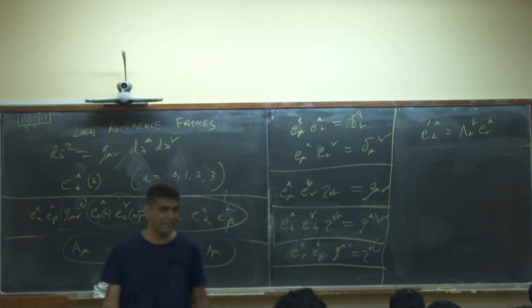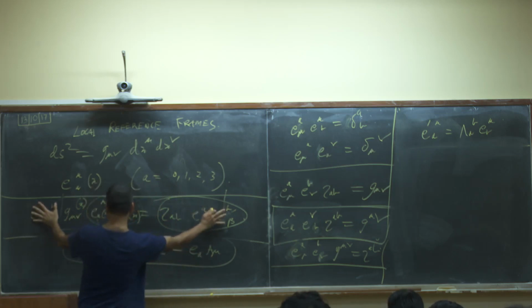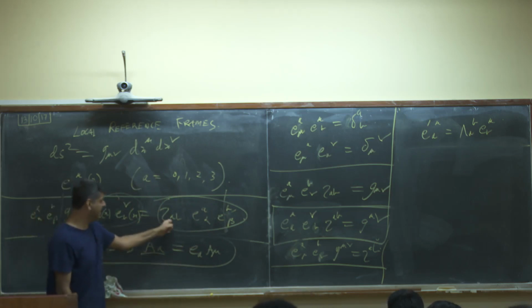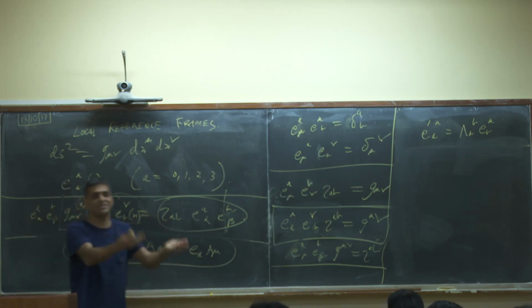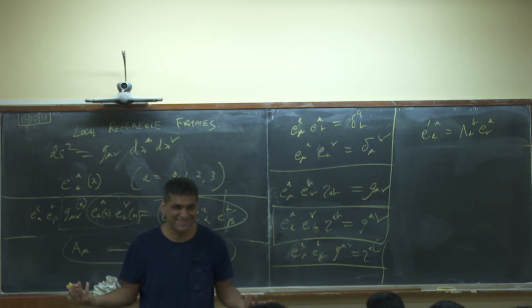Suppose I want to do this and to have this relation continue to hold. What do I need? I need that eta is invariant under multiplication by lambda, and therefore lambda is locally a Lorentz transformation.